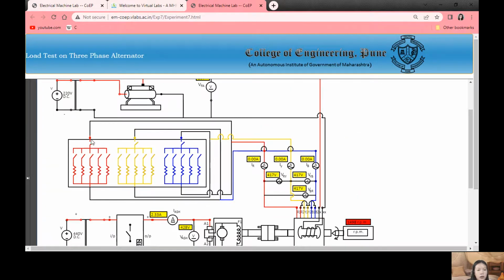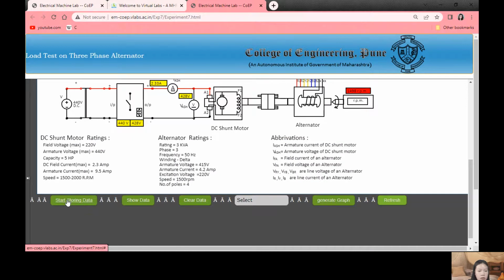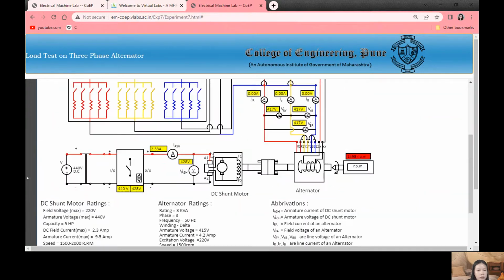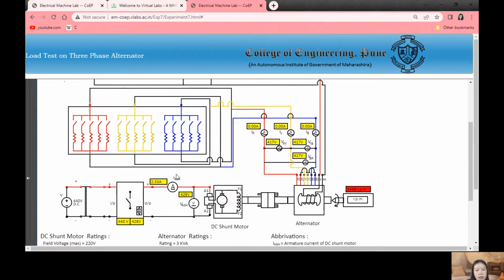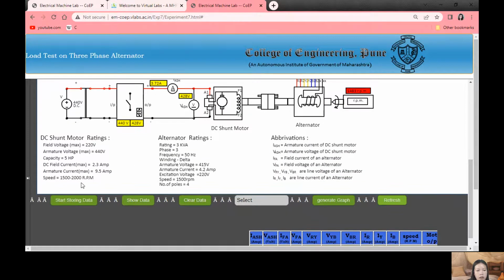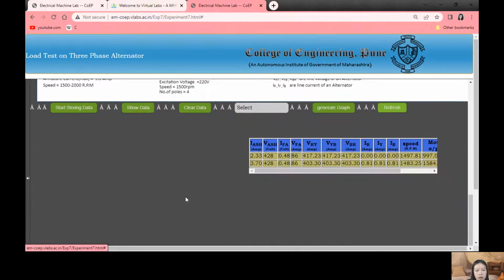So, i-connect lang natin tong resistive load bank natin. And then, kiklik natin tong start storing data, show data. Next natin is mag-a-add na tayo ng mga load. So, isa-isa lang muna. And then, start storing data, show data.